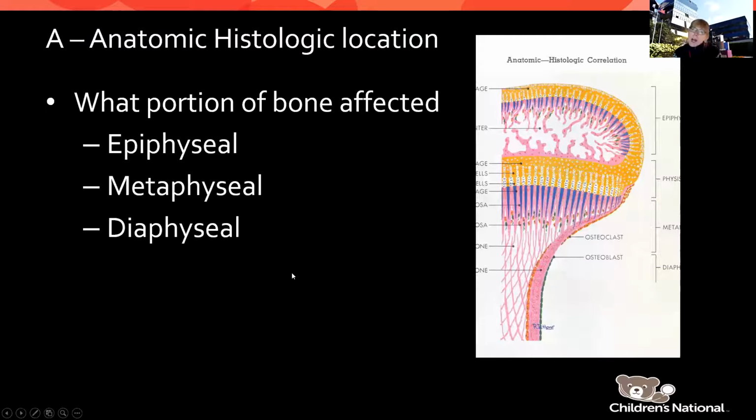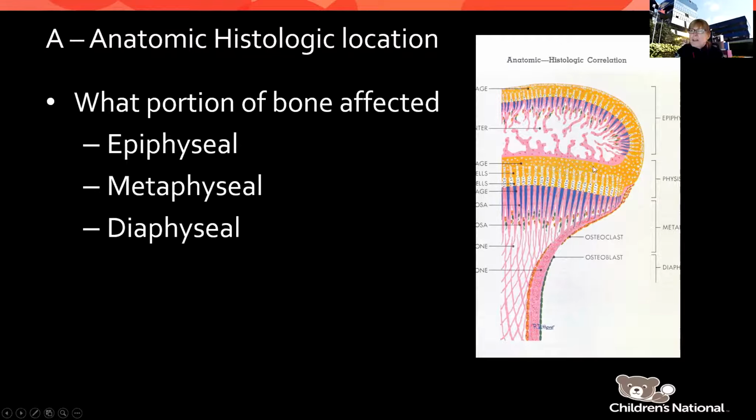And this is a drawing which I've really liked to use over the years to help remind me about how the bone grows and how different dysplasias affect different parts of the bone. We'll refer to this picture for the next few minutes of the talk, but just remember that the epiphysis will have an ossified center.